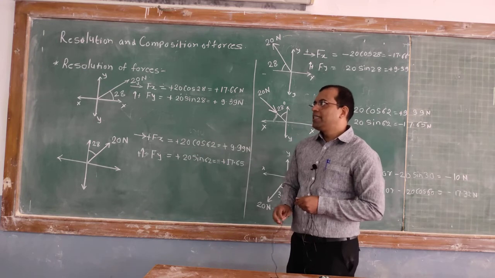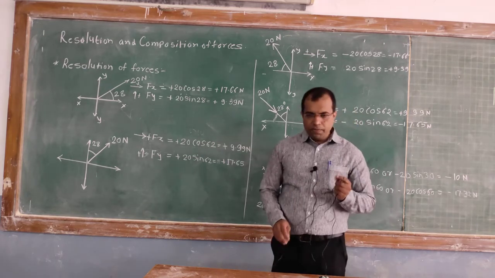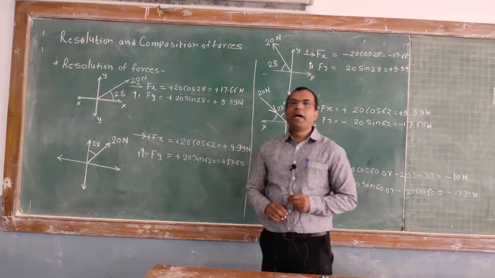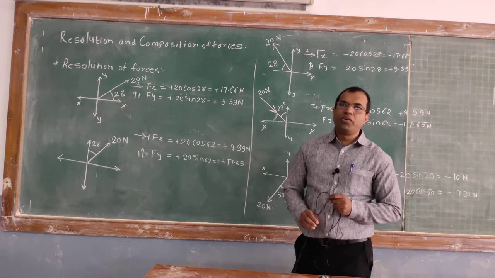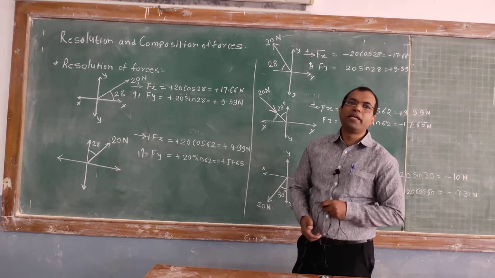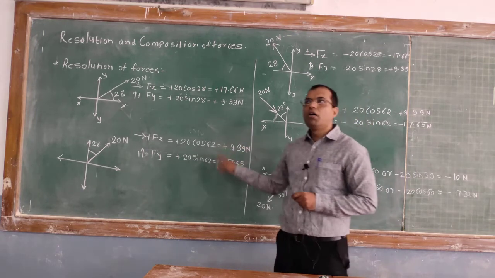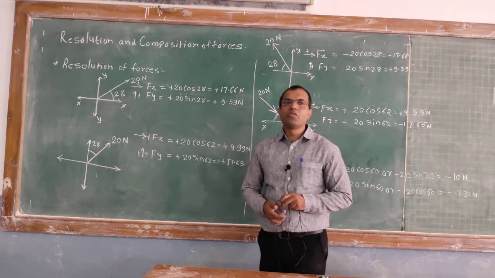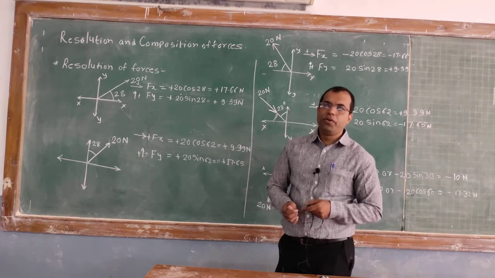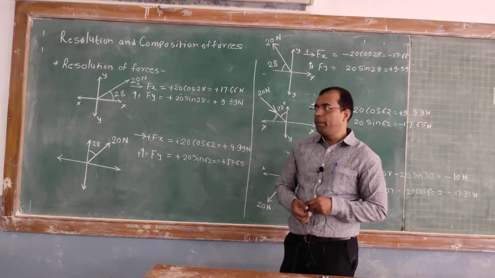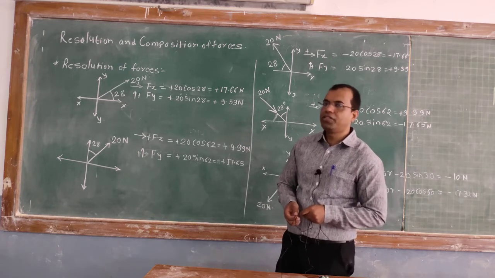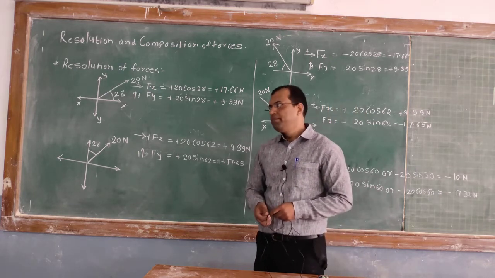Generally, we can also solve composition problems analytically by forming the triangle and using the sine rule and cosine rule. So these topics of composition of forces were covered in the last lecture.